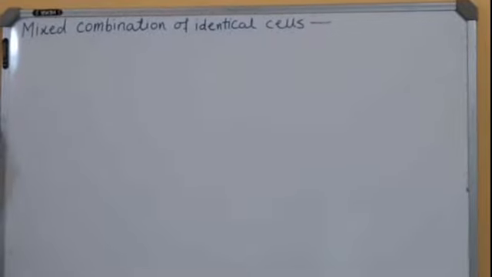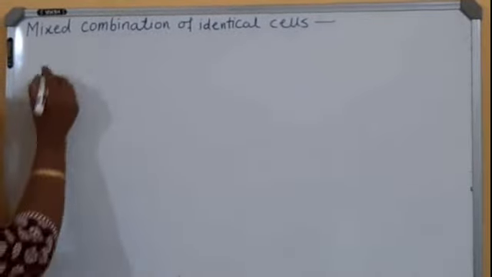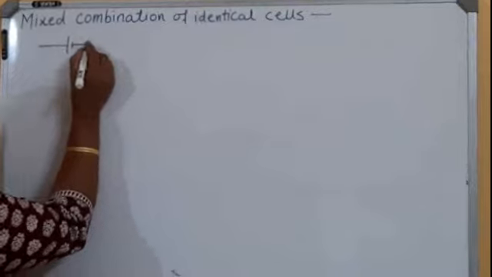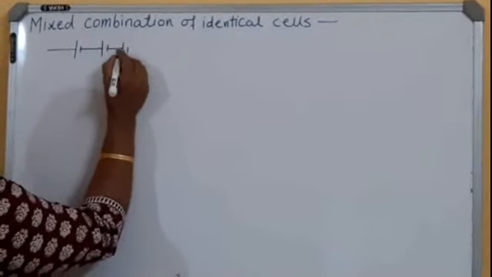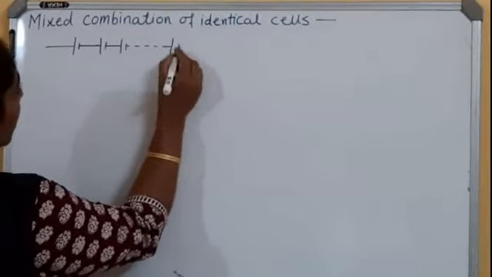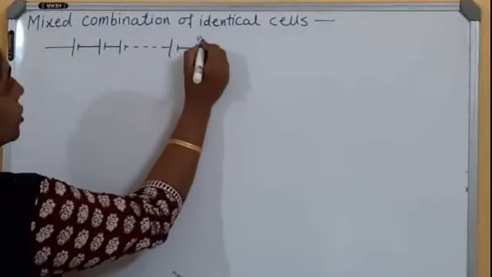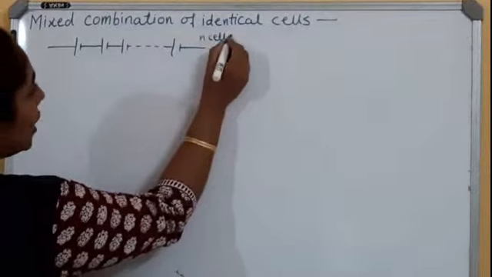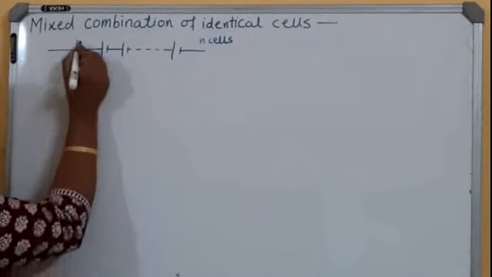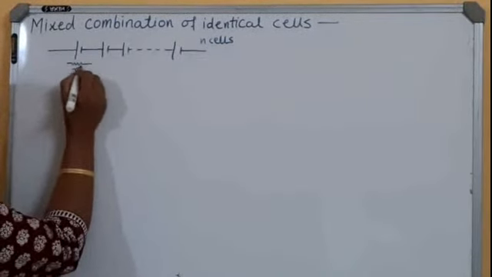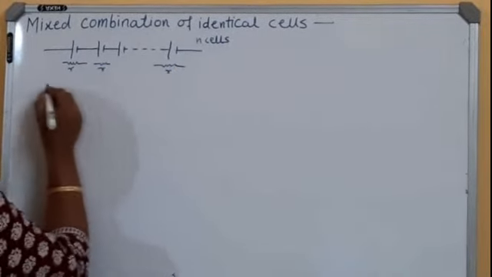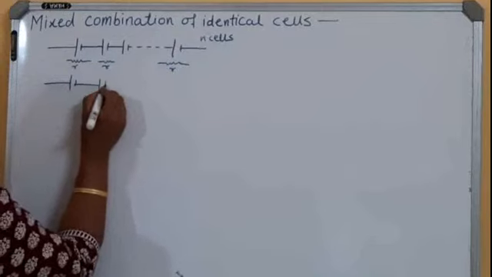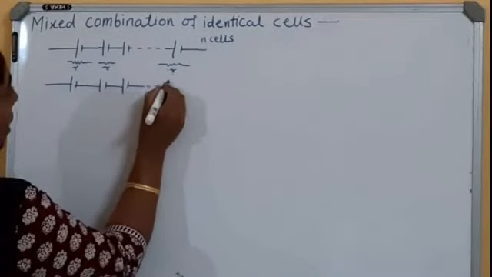Now we will discuss mixed combination of identical cells. So here we will take n number of cells, each of EMF E connected in series. So such n cells are connected in series with internal resistances R, and such m rows we are going to take.